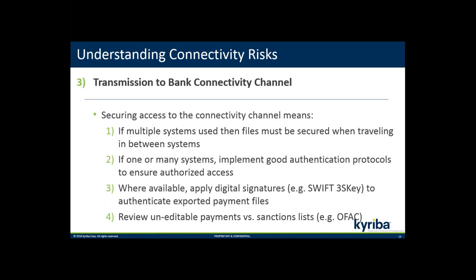One thing that I like to see, we see this more in Europe and not as much in the US, but it's starting to emerge a little bit, is digital signatures. I prefer SWIFT 3SKey just because it's a global standard. There are other choices out there as well.